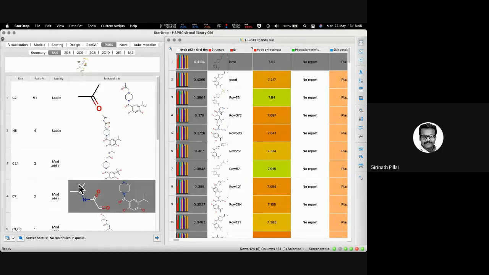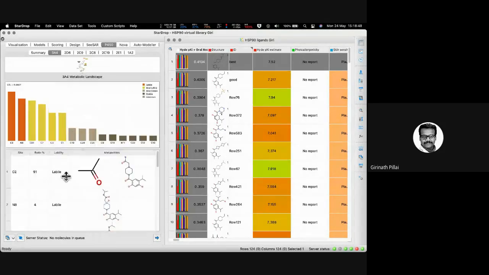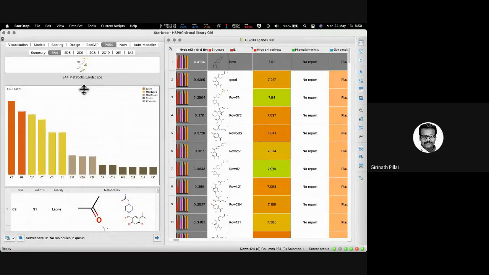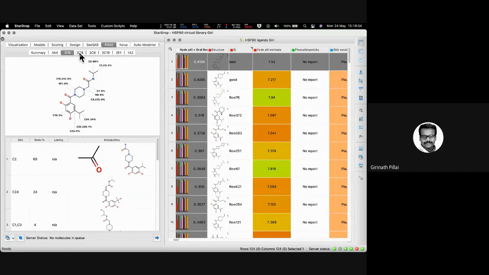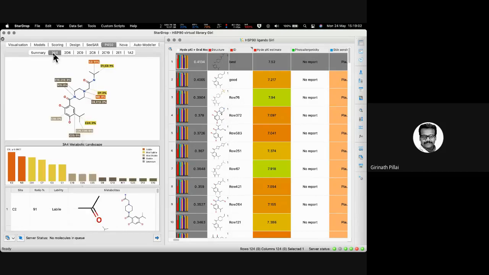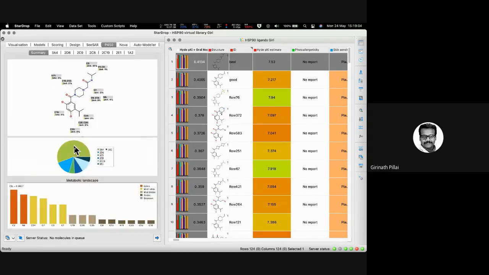Similarly, it will tell you all the possible atomic positions where they are unstable, right? This is being looked at for each different isoform also. So at different isoforms, you can see the stability of each atom is different. So it will also tell you about the selectivity. Your compound is very much selective to the 3A isoform of P450. I hope pharmacologists will understand better what I'm trying to tell now.